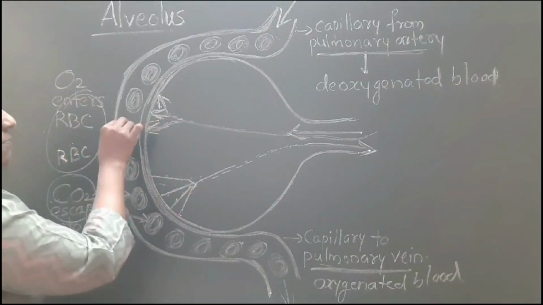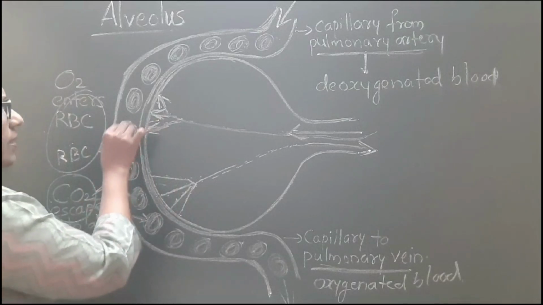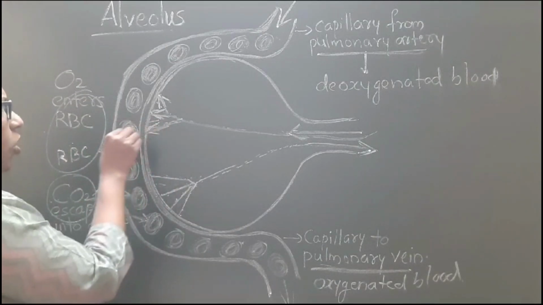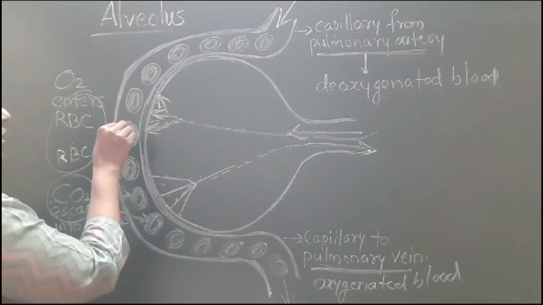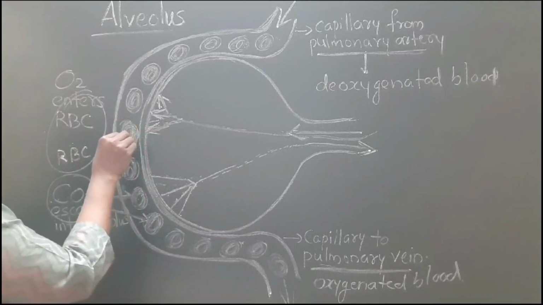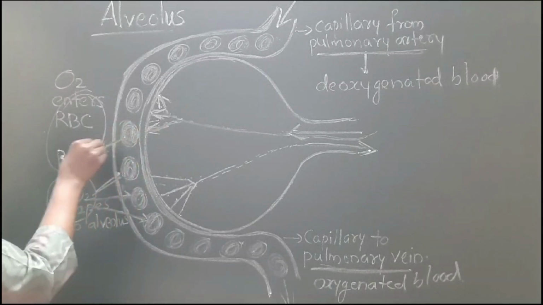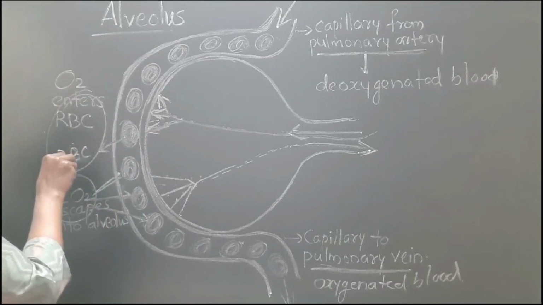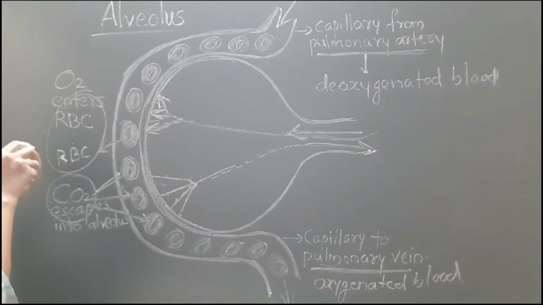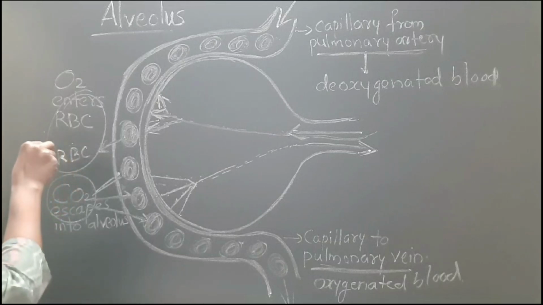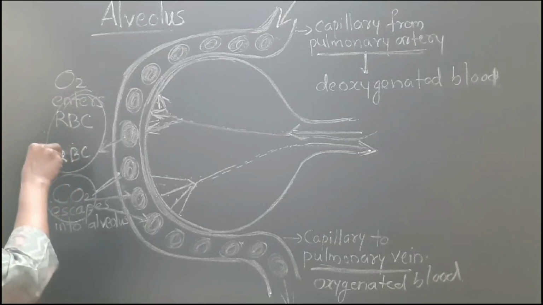In the RBC there is hemoglobin. This oxygen combines with the hemoglobin in the RBC and then gets into the body cells. That is how our body cells get oxygen.